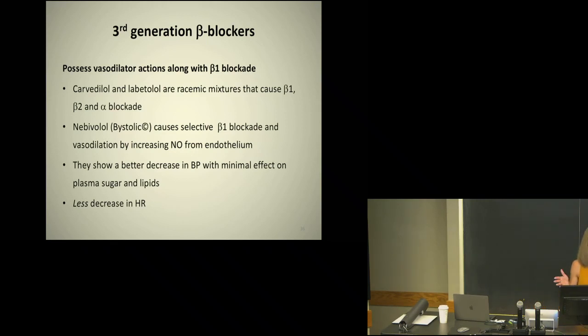Now, how they do that might differ based on the third generation drug. If you take carvedilol or labetalol, they're racemic mixtures, and some of those block the beta 1 receptor. The others block the alpha receptor, which would cause a reduction in peripheral resistance, okay?